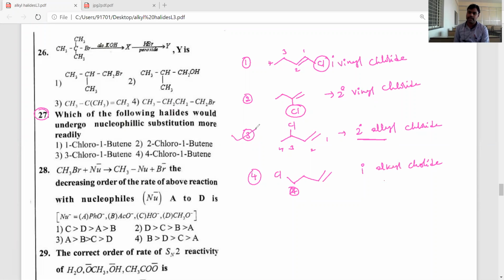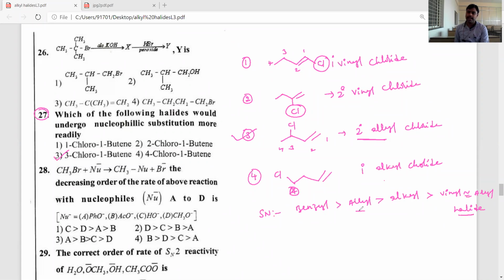So the most reactive in the nucleophilic substitution reaction is the third option, 3-chlorobutene, because in SN reactions the order is benzyl, then allyl, then alkyl halides, and then vinyl as well as aryl halides. This is the reactivity order.